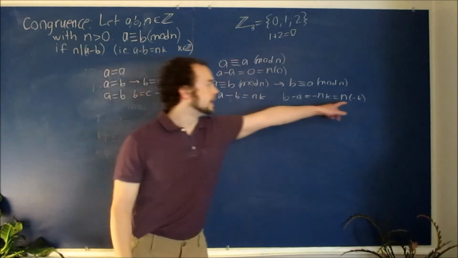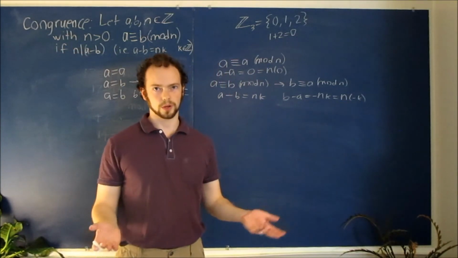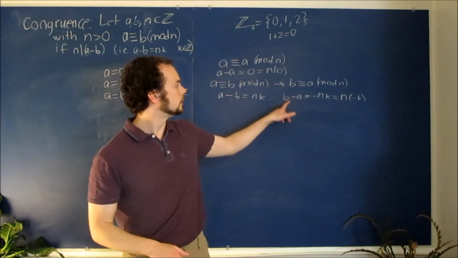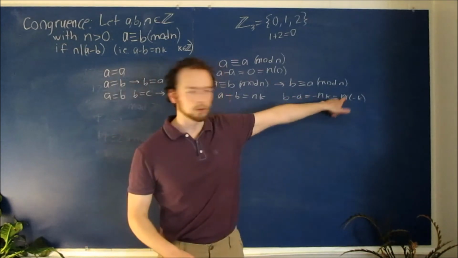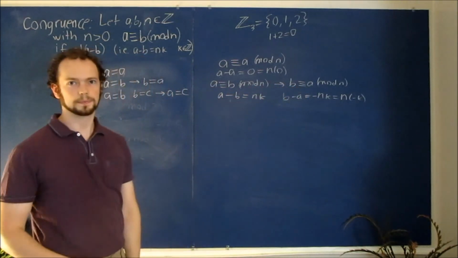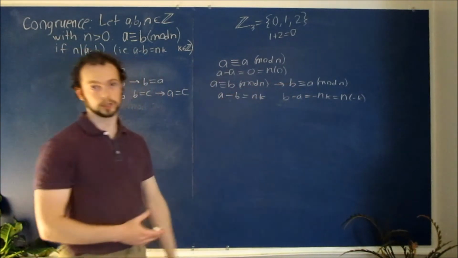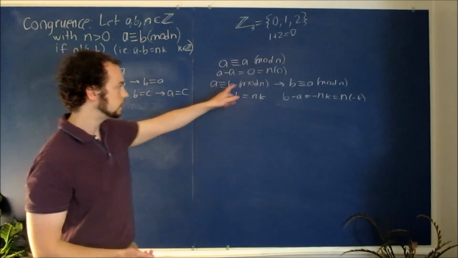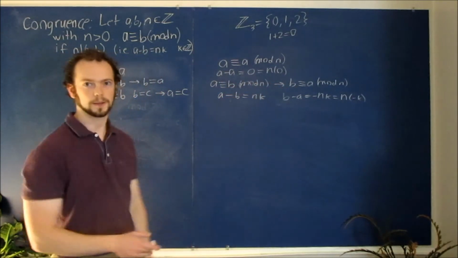Okay. Negative k is still an integer, so the definition still holds. b minus a is divisible by n. Therefore, b is also congruent to a. Okay, so symmetry holds for congruence. If you have one, you have the other by necessity.